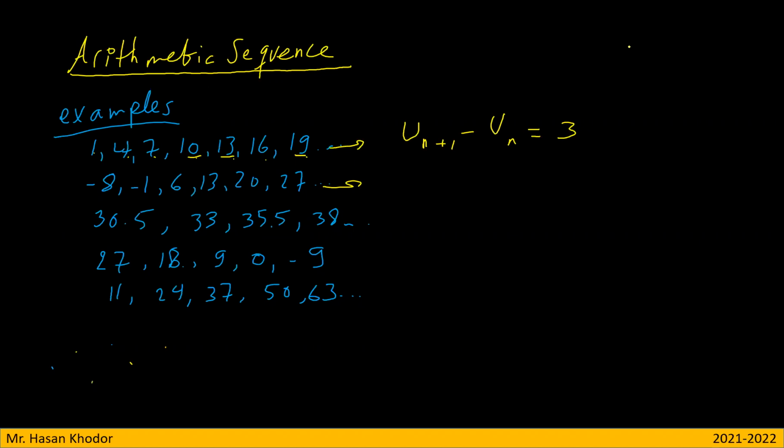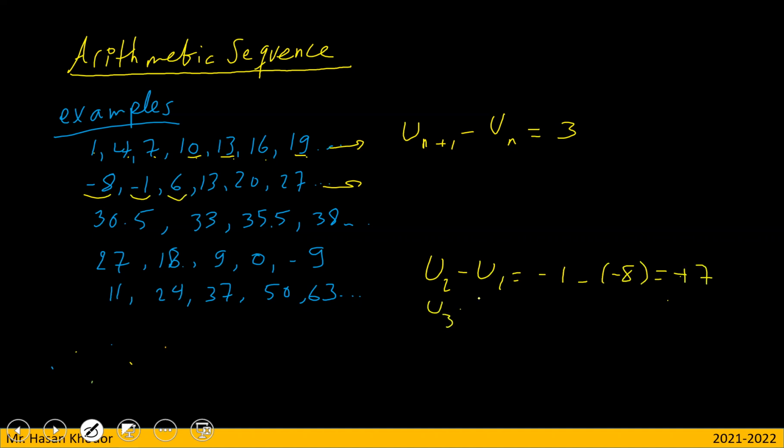That is, u2 minus u1 is minus 1 minus minus 8, the answer will be plus 7. Let's subtract u3 minus u2: 6 minus negative 1, we will get plus 7. If we subtract u4 minus u3, 13 minus 6, we will get plus 7.